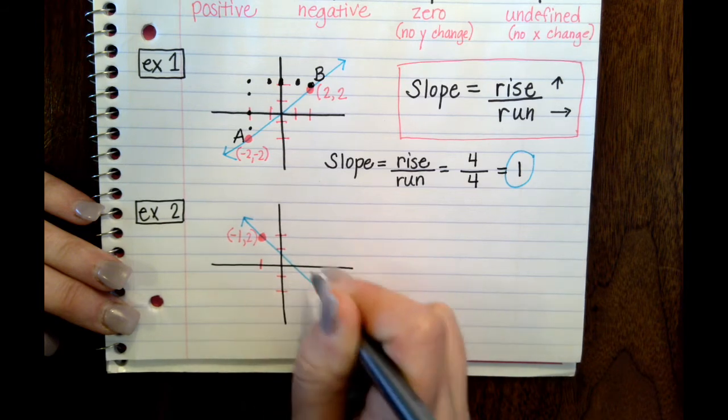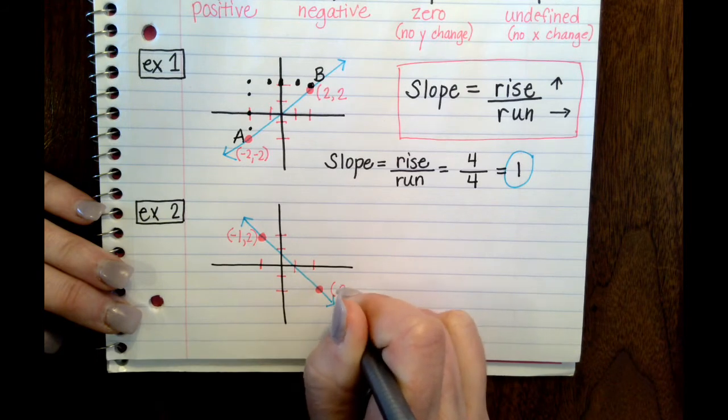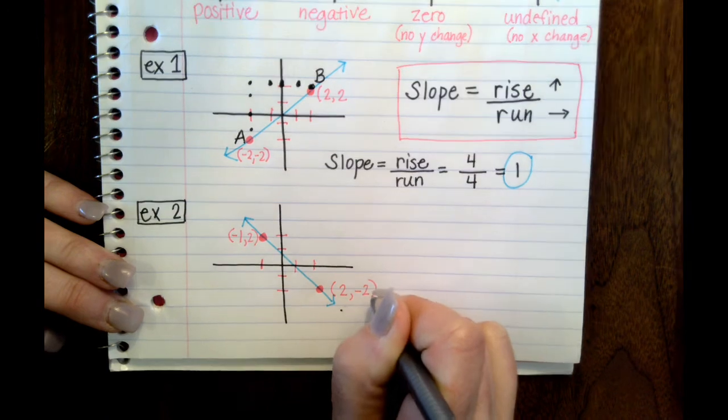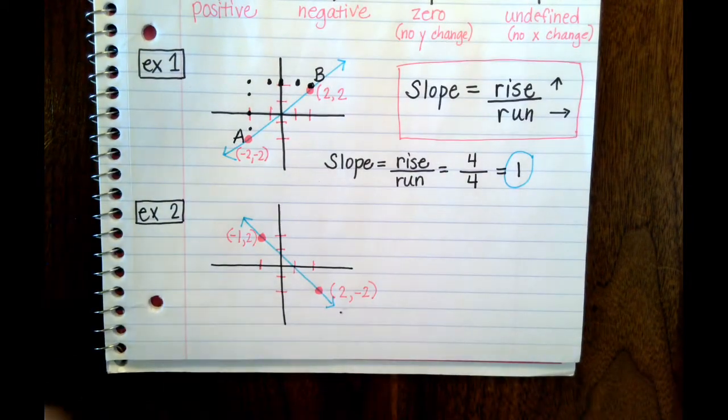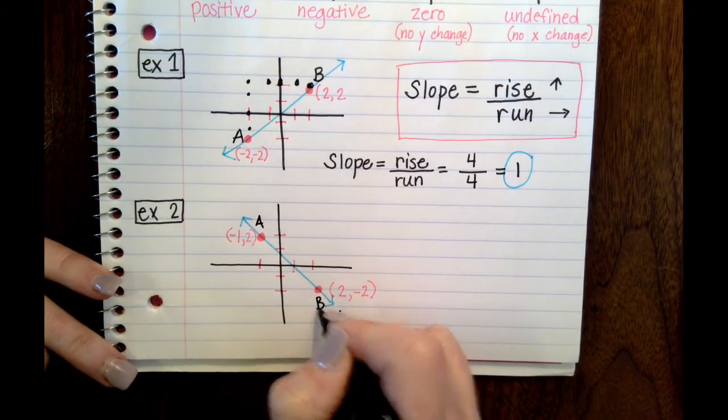And let's say that this point is at +2, so over 2 and down 2, -2. So I want to move from point A to point B.